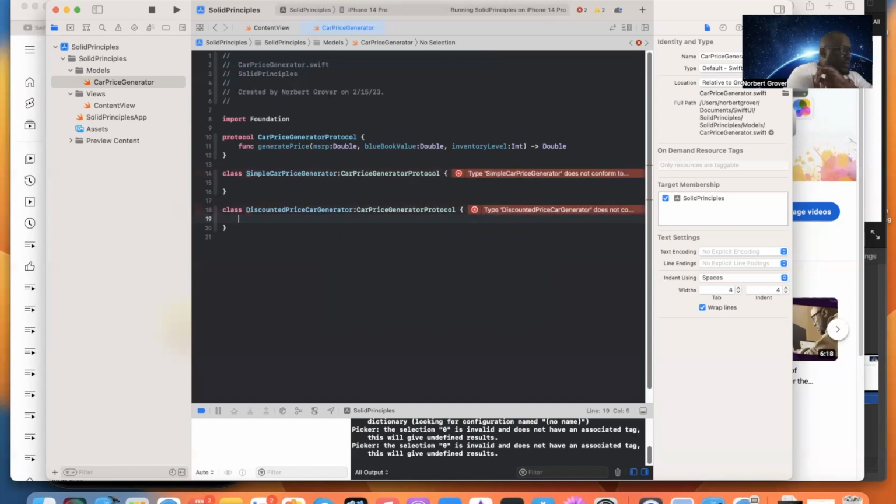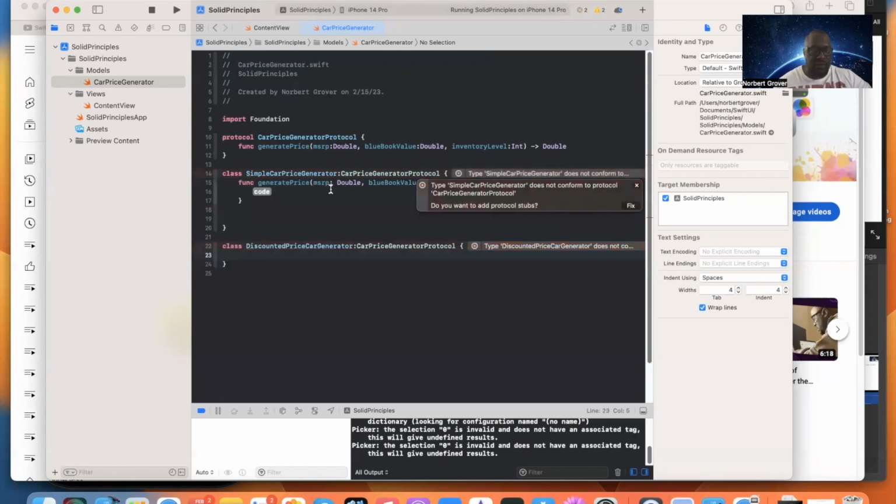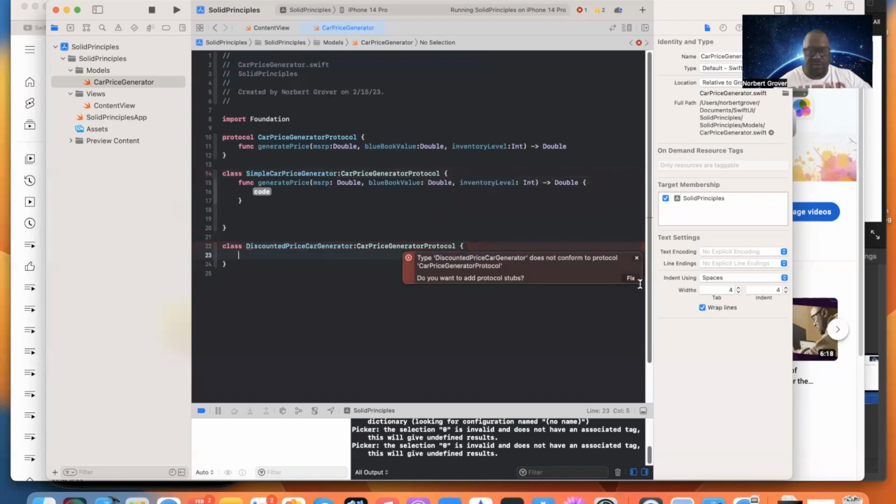So we have these two classes, and inside of them we're going to add these stubs: both of them have methods called generate price.